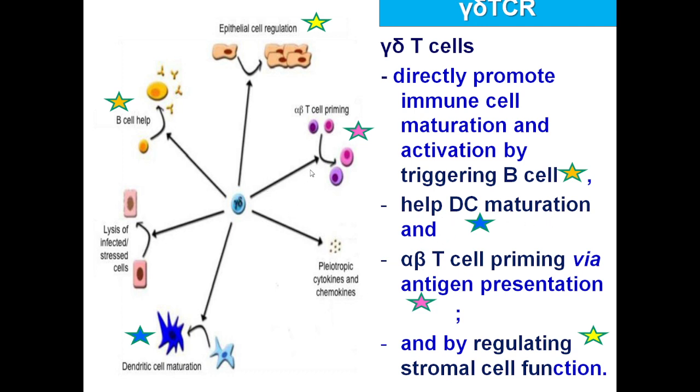They activate priming of alpha beta T cells. It means they play a certain role in the activation of B cells. Gamma delta T cells regulate the activity of the epithelial cells that are involved in the immune response, microfold cells, for example. And they cause lysis of infected stressed cells, it means tumor cells.